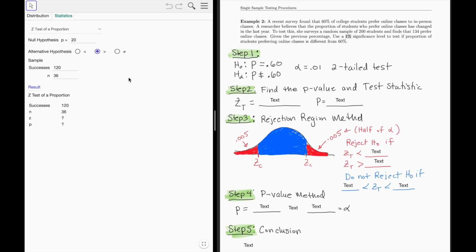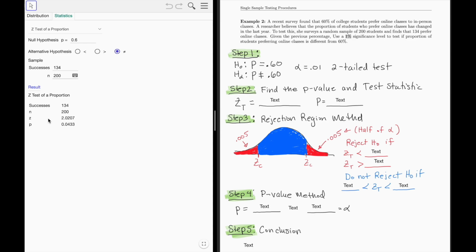Now I'm going to enter all the information. Our null hypothesis is that p is 0.6, 60%. We're doing a two-tailed test. I'm going to choose not equal to. The number of successes is 134 out of a total of 200.